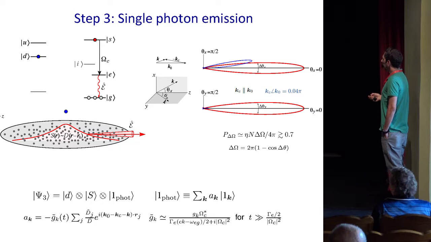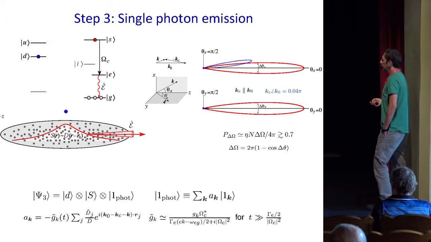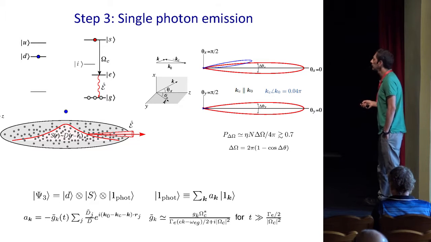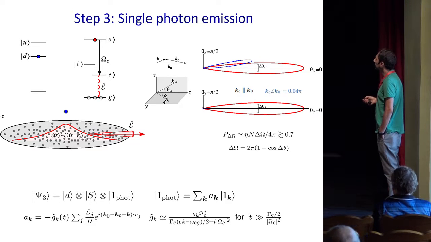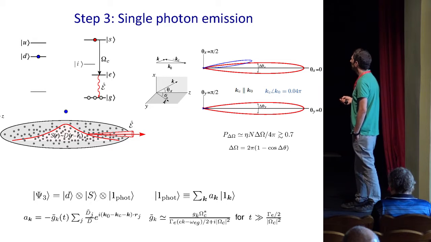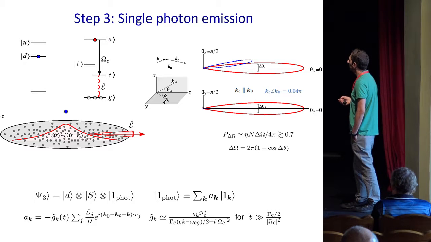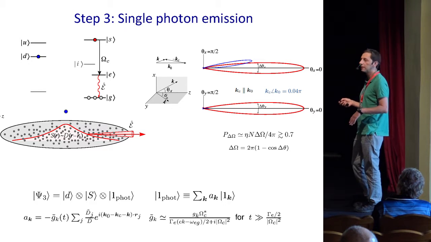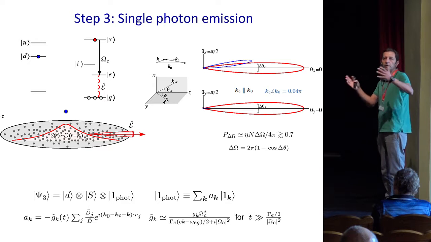And so what I get is more than 70% of all radiation is emitted in this predefined direction, and the rest is emitted into the 4 pi, so I can define the efficiency like this. Basically it's a universal formula. If you want to emit into the solid angle delta omega from the ensemble of n atoms, then the efficiency is going to be n times solid angle divided by 4 pi, and 4 pi is where the rest of radiation goes.